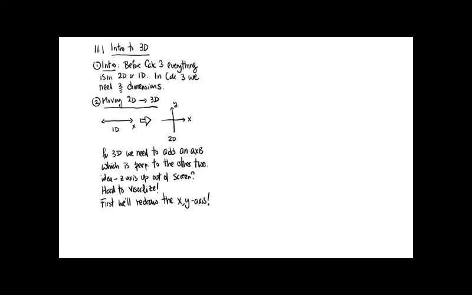I want you to imagine the xy plane. I'm going to think of that as a rectangle. It's not really a finite rectangle, but for the sake of argument, think of this as the x and y axes.